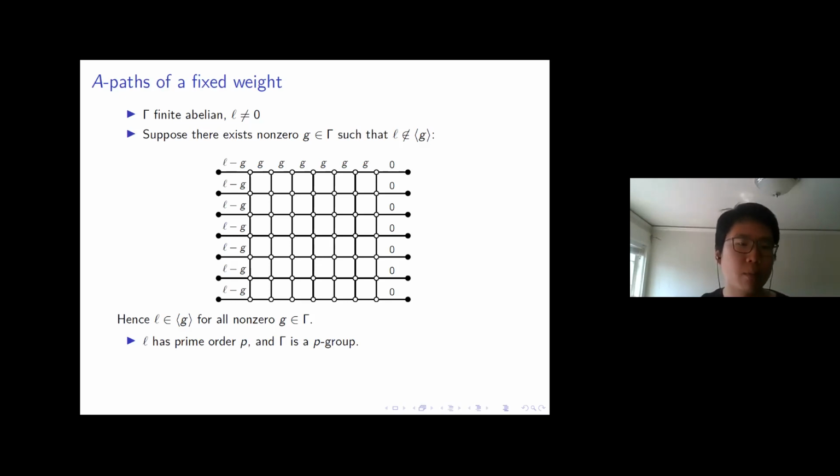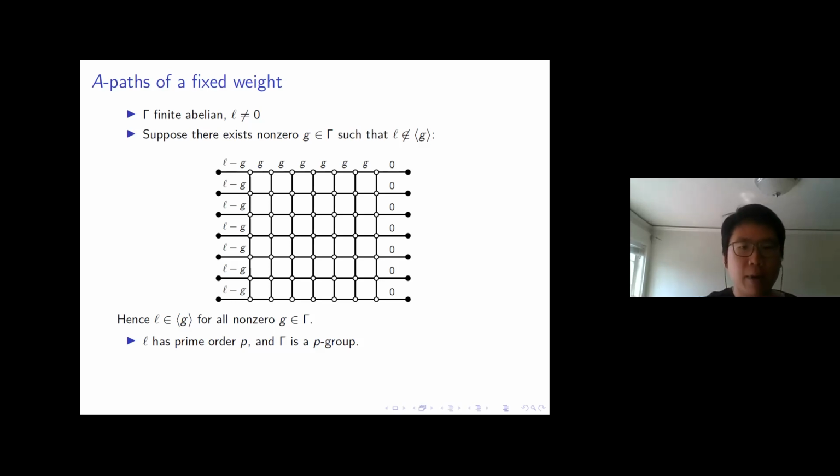If L does not have prime order, if its order is composite, let's say the order of L is m times n for some integers m and n greater than 1, then you just take m times L. That's not going to generate L. So if L has order 6, take 2L. 2L is not going to generate L. So L has to have prime order.